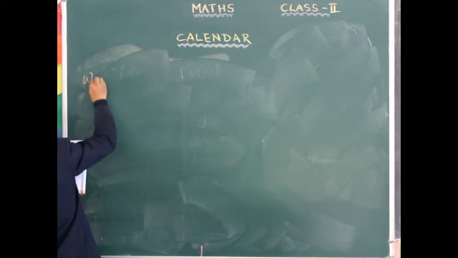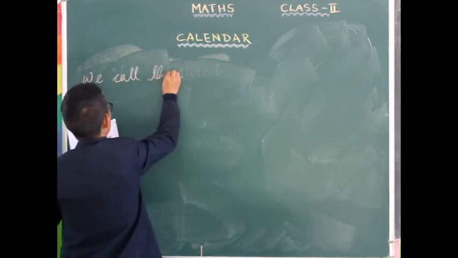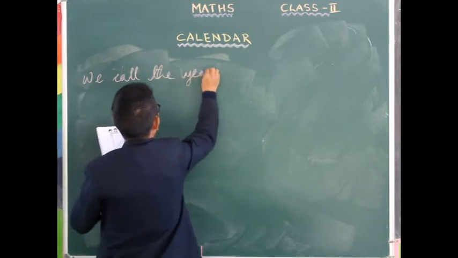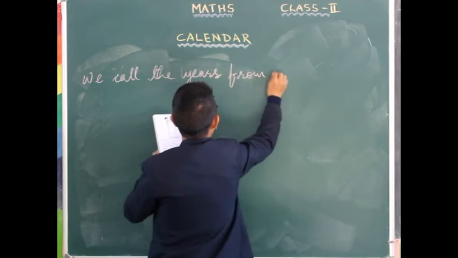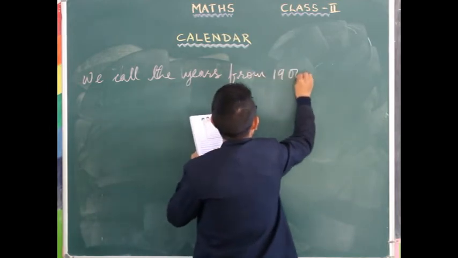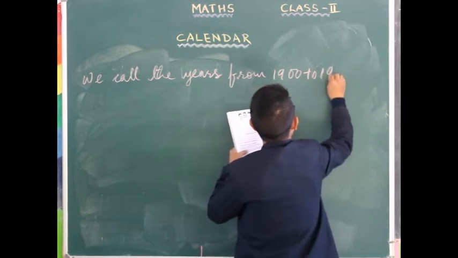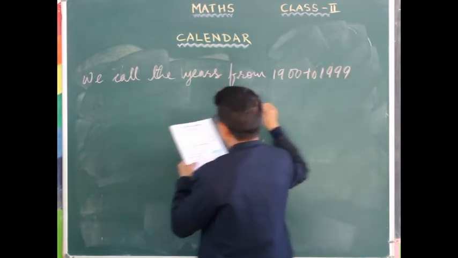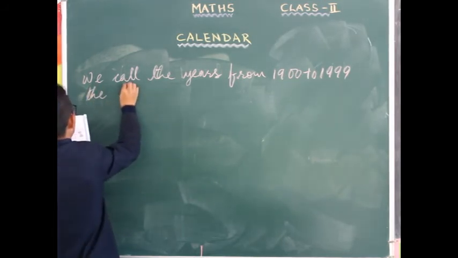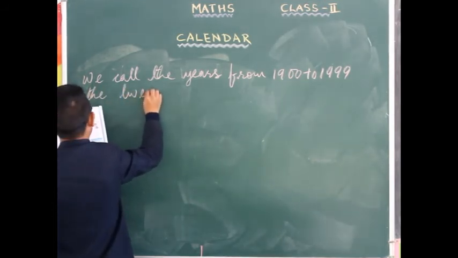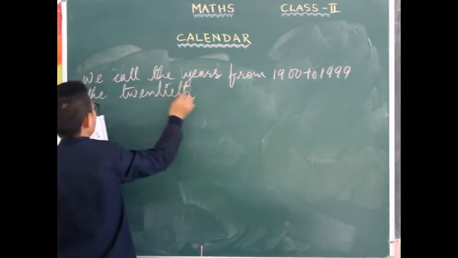Now we call the years from 1900 to 1999 the 20th century.